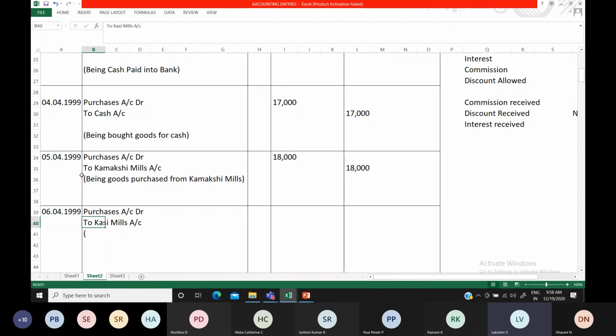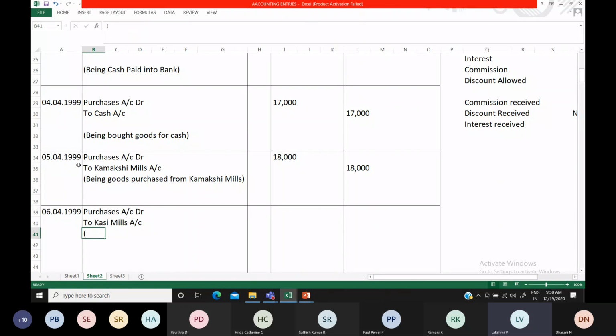If on the same date we debit or credit the same account, we can club both entries together and pass a combined journal entry. That can also be done.